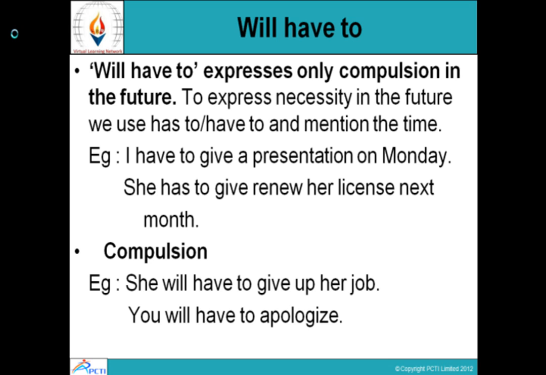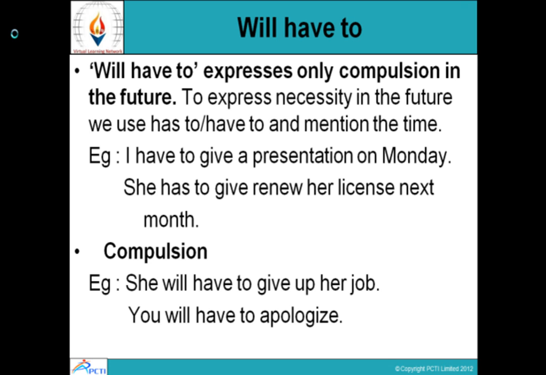When there is a compulsion, we will use the structure will have to. She will have to give up her job. That means there will be a compulsion on her to give up her job in future. Due to some reason, it could be marriage or some other personal reasons.